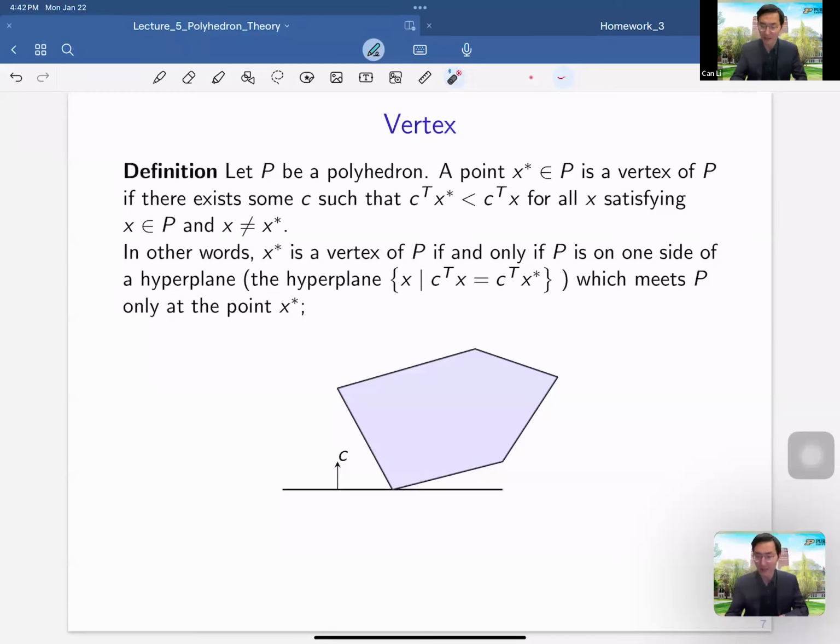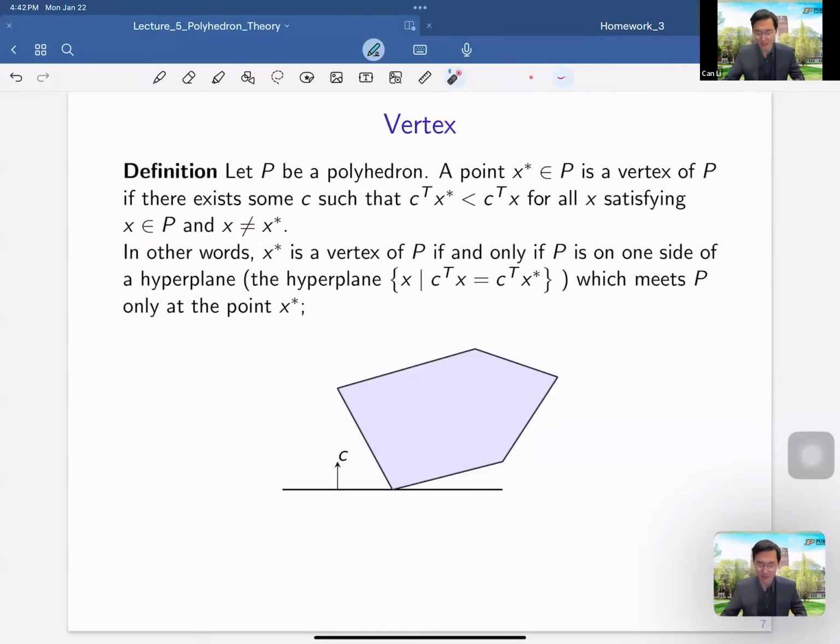So if you read this definition clearly, it says there exists a vector C such that C transpose X star is strictly less than C transpose X for all X in the polyhedral set P, except at this particular point, X star.